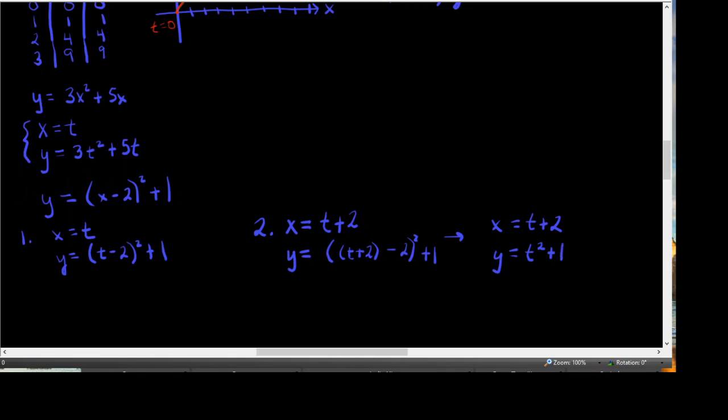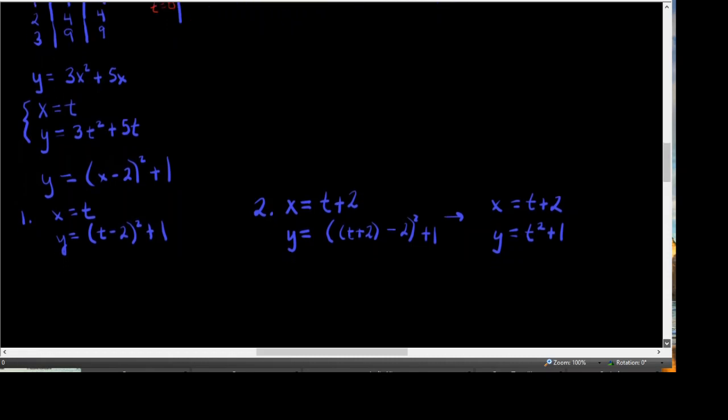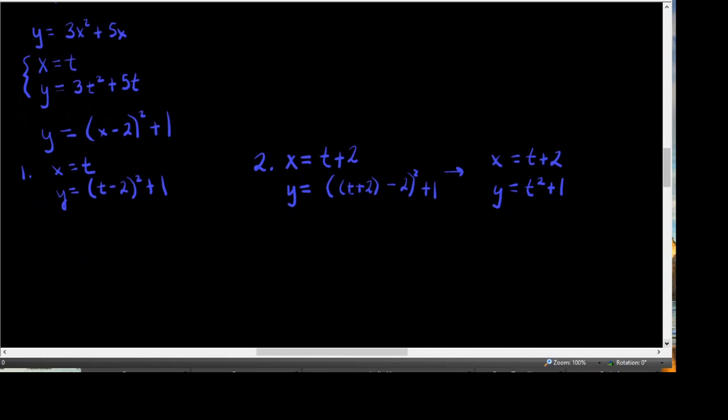These two sets of parametric equations will both graph the points on the parabola given. The location of the point at time 3, let's say, will be different, but the set of points you get as a result will end up being the exact same set of points. So that's kind of an interesting thing.